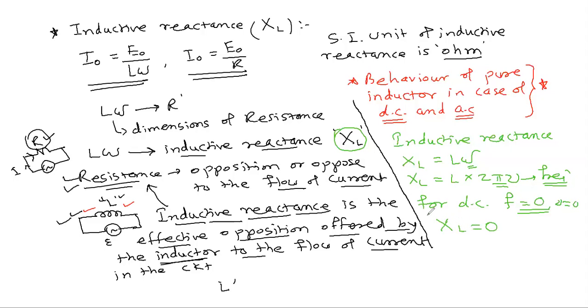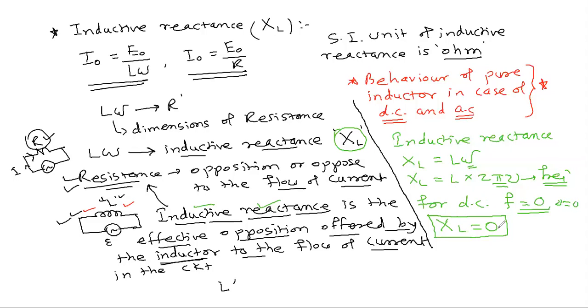But what is the importance of this relation? The inductive reactance X L is 0. Inductive reactance means one sort of opposition to the flow of current in an inductive circuit, the effective opposition offered by the inductor.